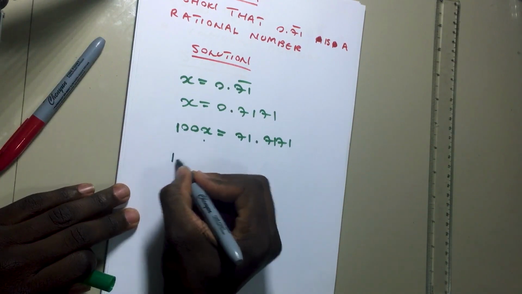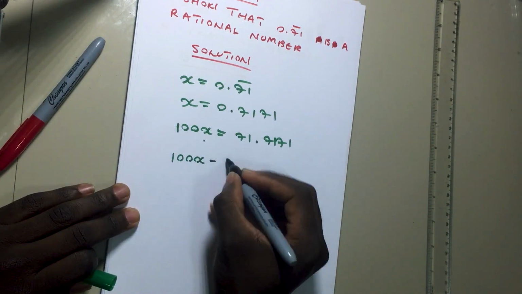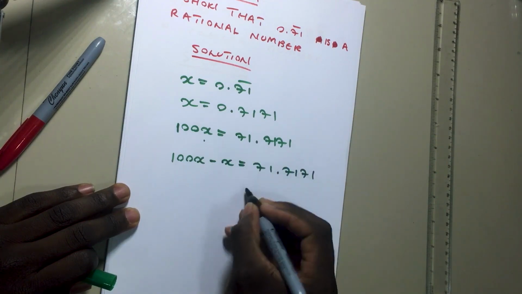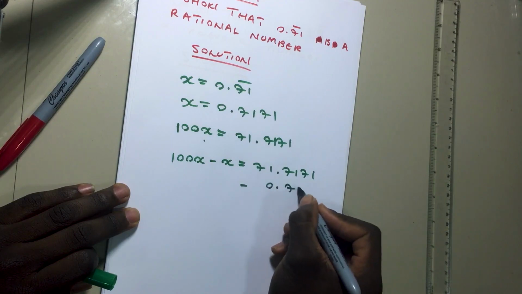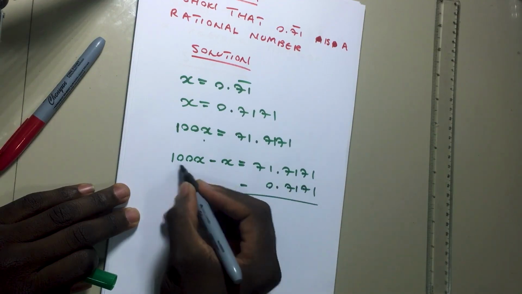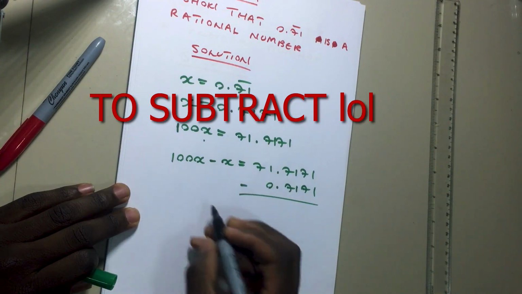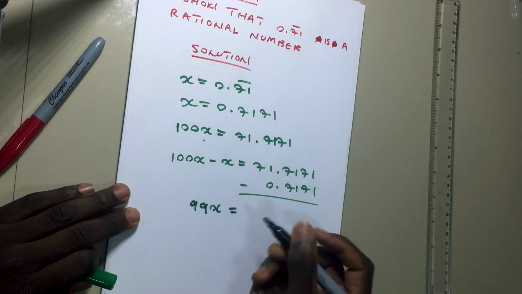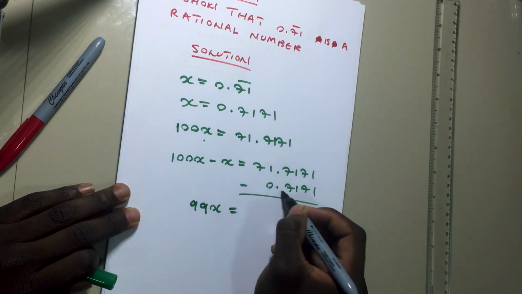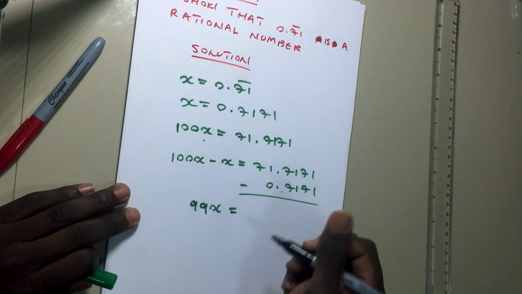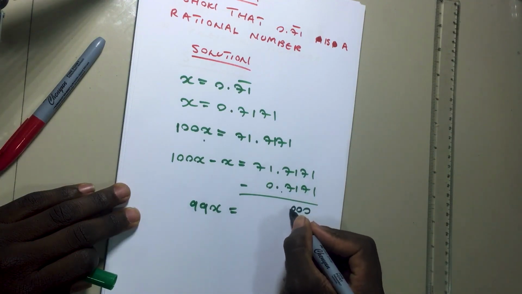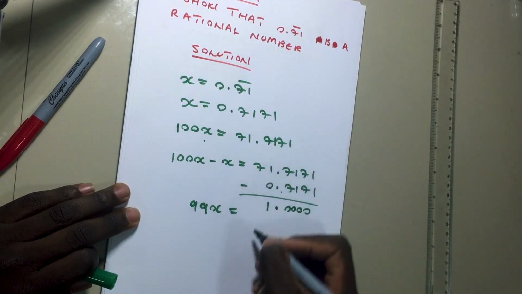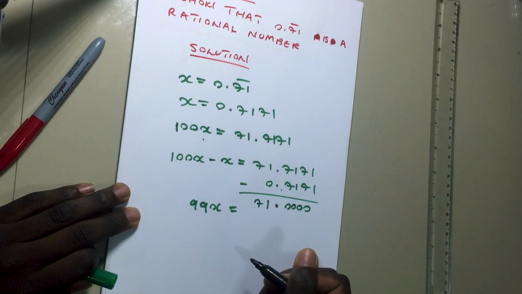So we say 100x minus x equals 71.7171 minus 0.7171. 100x minus x gives us 99x. Then subtracting this from that, the decimals cancel to give 0, then 1 minus 0 is 1, and 71 minus 0 is 71.